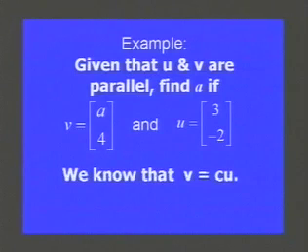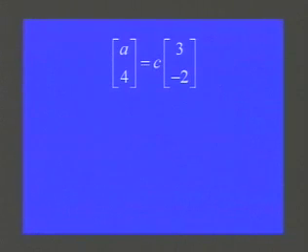Because they're parallel, we know that v is equal to c, some number c, times u. All right, if I can figure out the c, I can figure out the a.